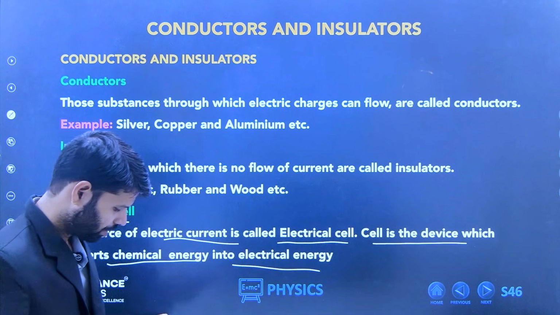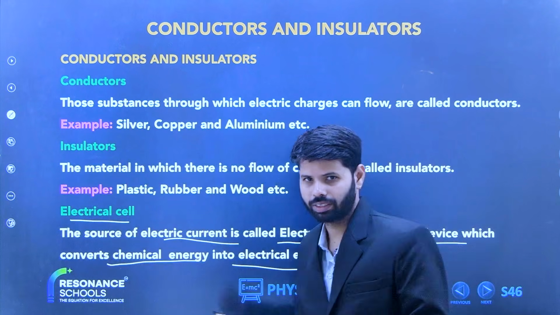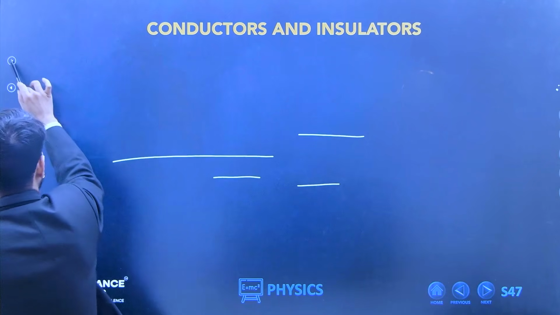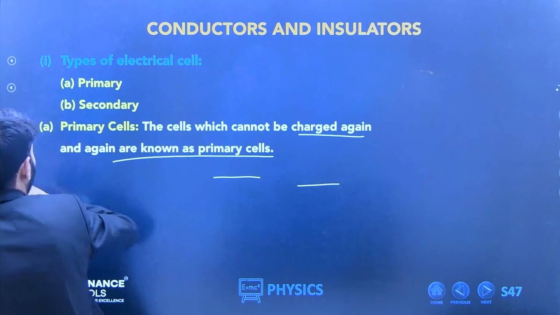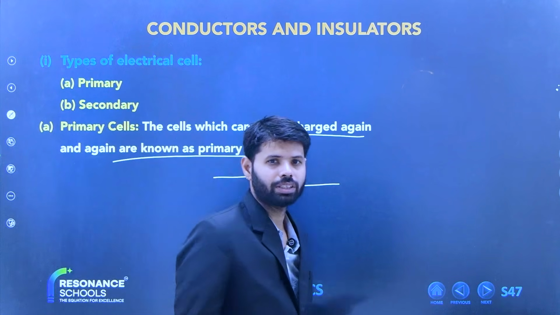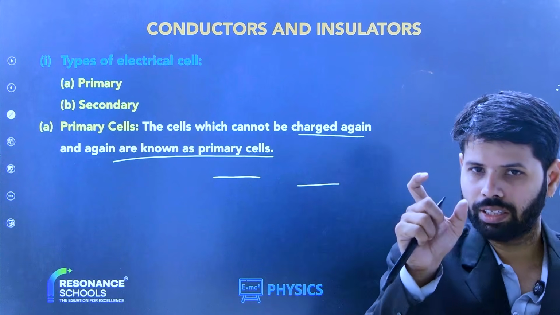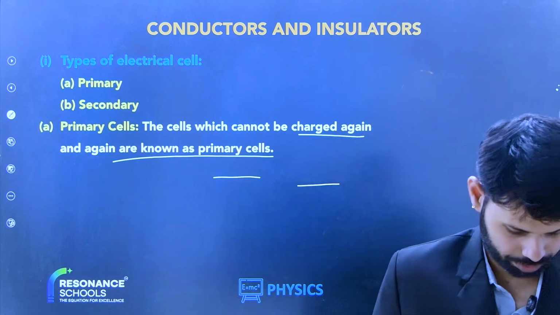We are in the electricity chapter, conductors, insulators. But an atom is made up of three basic particles. In the nucleus we have neutron and proton, and outside is the electron.